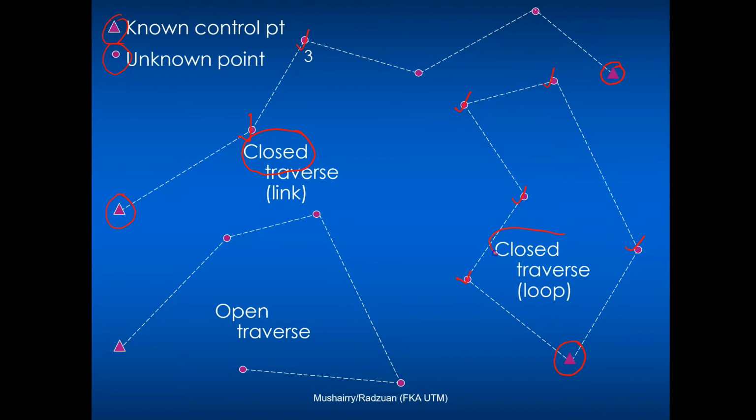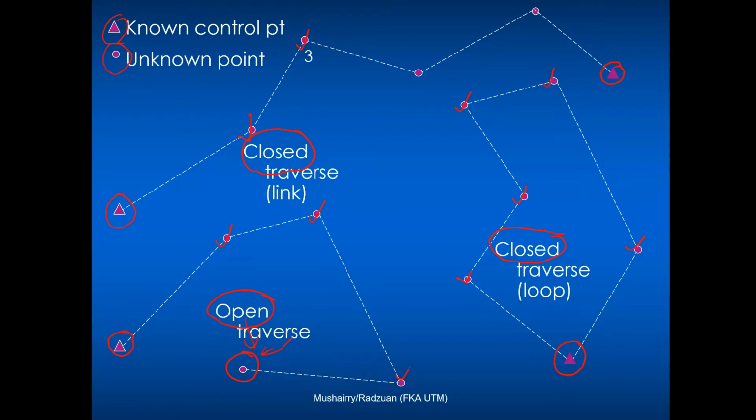So this is also called a closed traverse. But for the one on the bottom left, you start from a control point, first unknown, second unknown, third unknown, and you finish your job also at a point without known values. So this is called an open traverse.